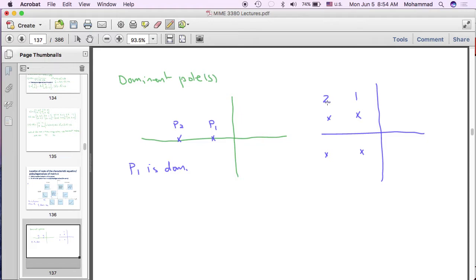Do you remember how to find damping ratios? It had to do with the sine of an angle. Which angle was that? The angle formed between the positive imaginary axis and one of the poles to the left of it. So which one of these two pairs will give you a larger angle? Pair 1 or pair 2?